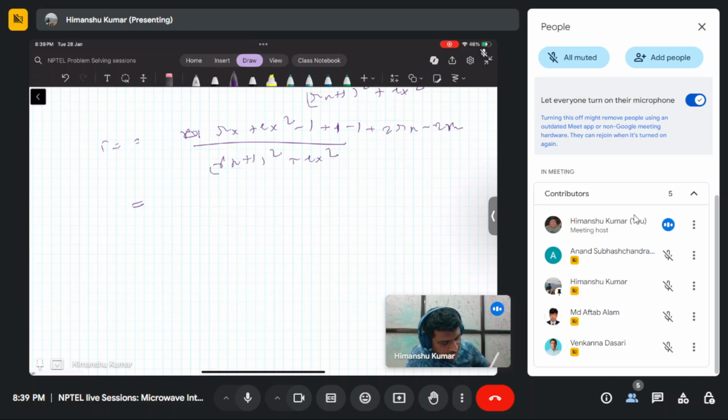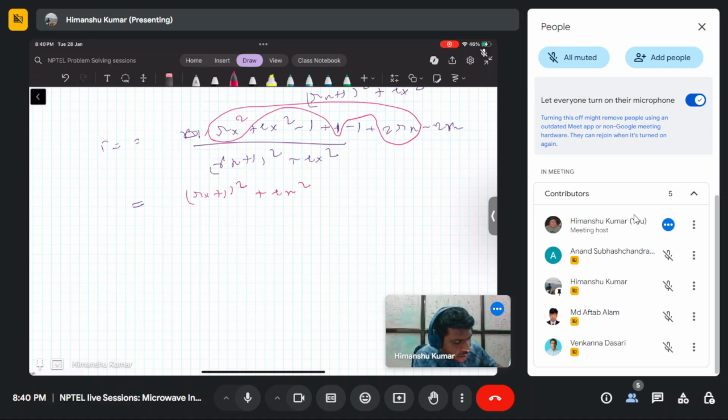These terms I will combine: rx square, this plus 1 and this 2 times rx. This will become rx plus 1 whole square plus ix square. Then the other terms will be minus 2 minus 2 times rx.